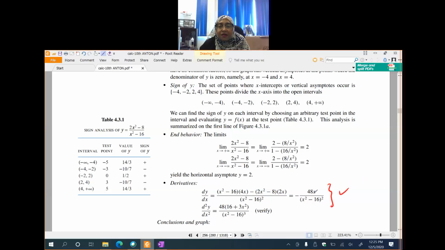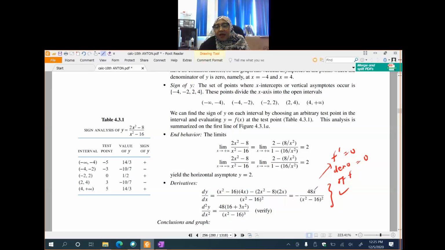From here, you let y prime equal to 0 and find where the denominator equals 0 to find the critical points. The critical points are when f prime is equal to 0, or when f prime fails to be defined.